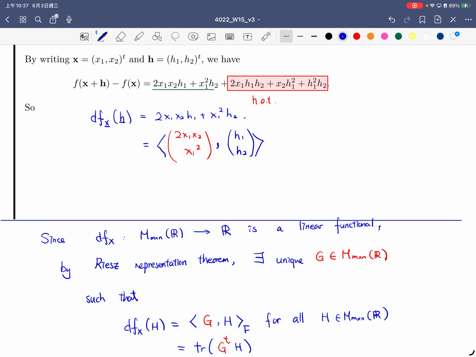Then in my definition, which one is the gradient vector? It's the guy in the front. So the gradient of f at x is given by (2x1x2, x1 squared), which is exactly what we learned in Calculus 3.